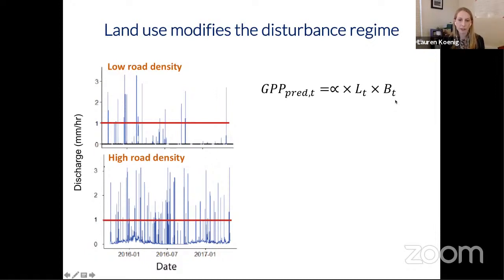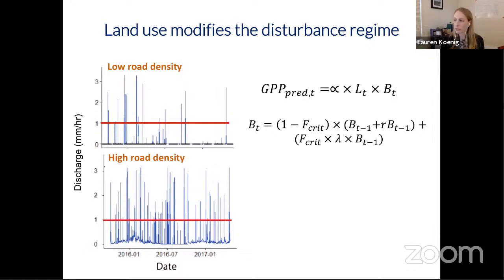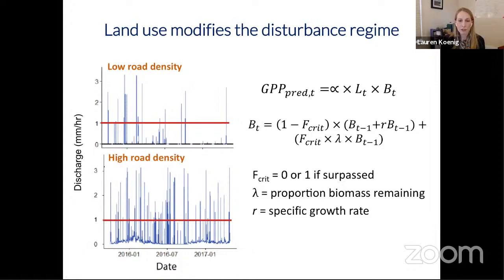In the light analysis, we assumed that biomass was essentially always at carrying capacity. But we can't make that same assumption when we consider hydrologic variability. So just briefly, we ended up modeling this biomass relative to its carrying capacity as a function of the flashiness, or the flow that we modeled.